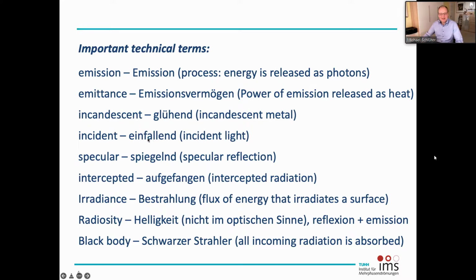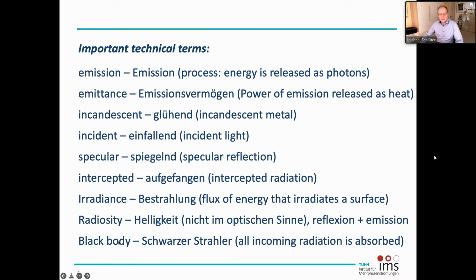This is einfallend in German. Specular means spiegelnd. Probably this is known for many of you. Intercepted means that we have an intercepted radiation. So this is a radiation that is, let's say, caught or aufgefangen by a certain body. Irradiance means the flux of energy that irradiates the surface. It's Bestrahlung in German. Then we have the radiosity, which is the brightness, die Helligkeit. And this is the brightness in the optical sense, which means we have here reflection and emission together.